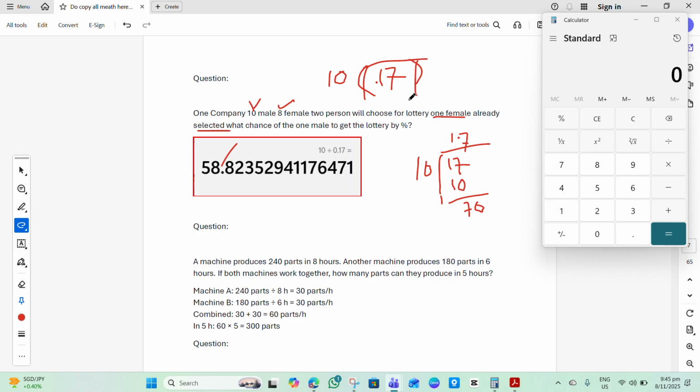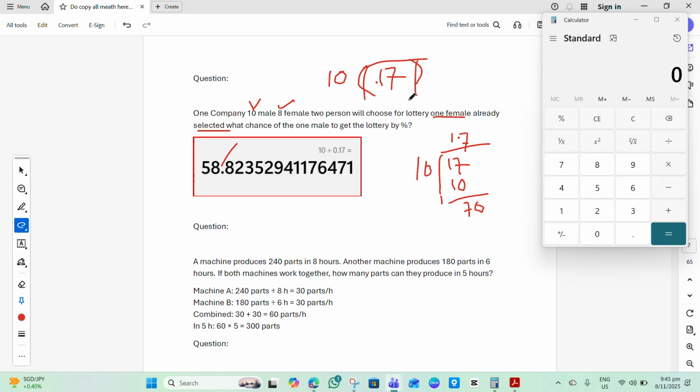I can't catch it. But yeah, the concept is like that. One company has 10 men and 8 women, right? So one woman already won, so there is balance only 17. 17 means the total quantity is 17.